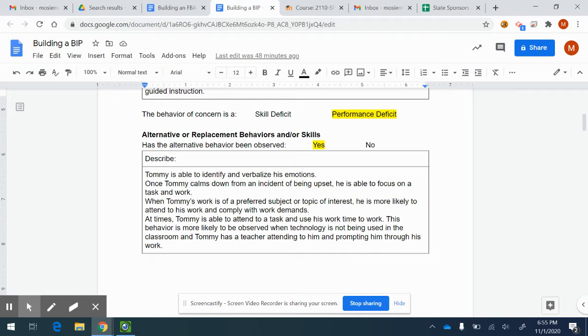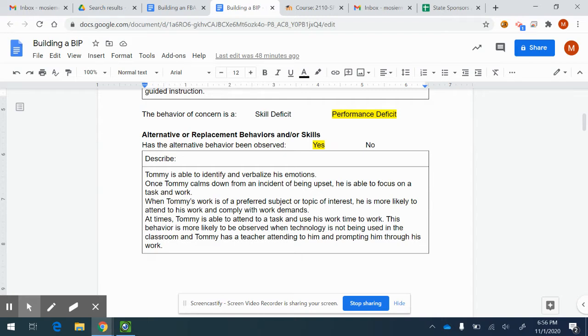So the second box is asking us if the behavior of concern is a skill deficit or performance deficit. Sometimes it's both. So we know that there are skills that he's lacking, but we also know that he has some of the skills. He just does not perform them consistently or doesn't perform them under certain conditions.